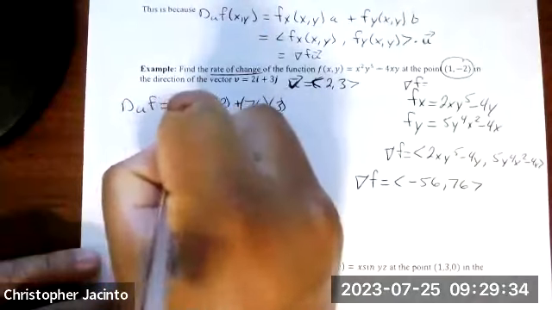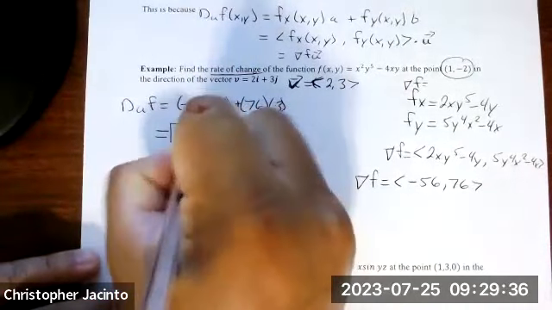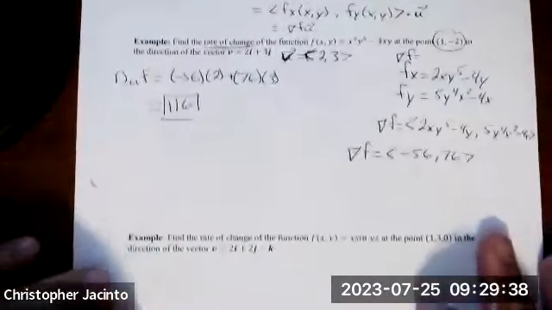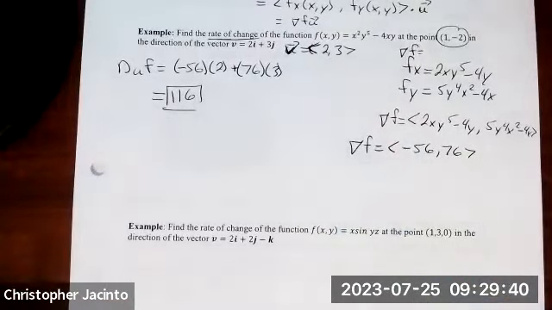Which gives us 116. So that is the rate of change of this function at the point (1, -2) in the direction of that vector.